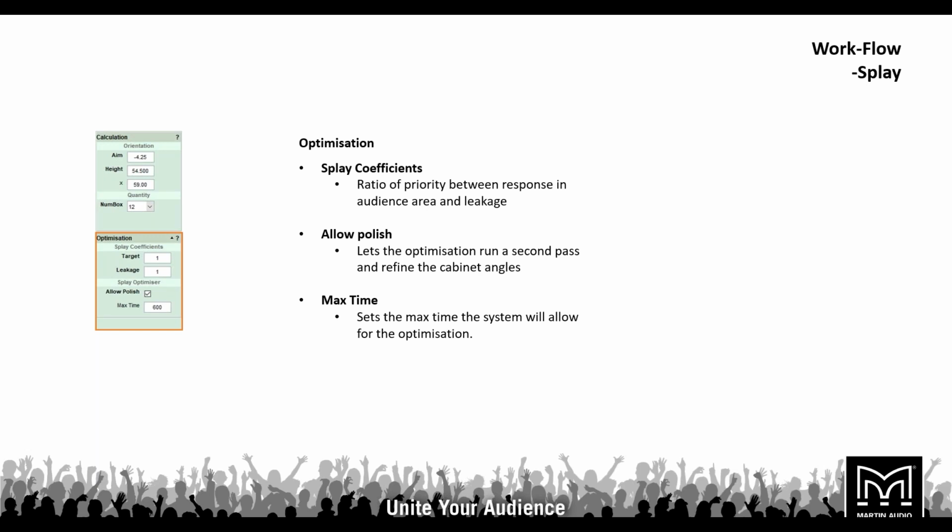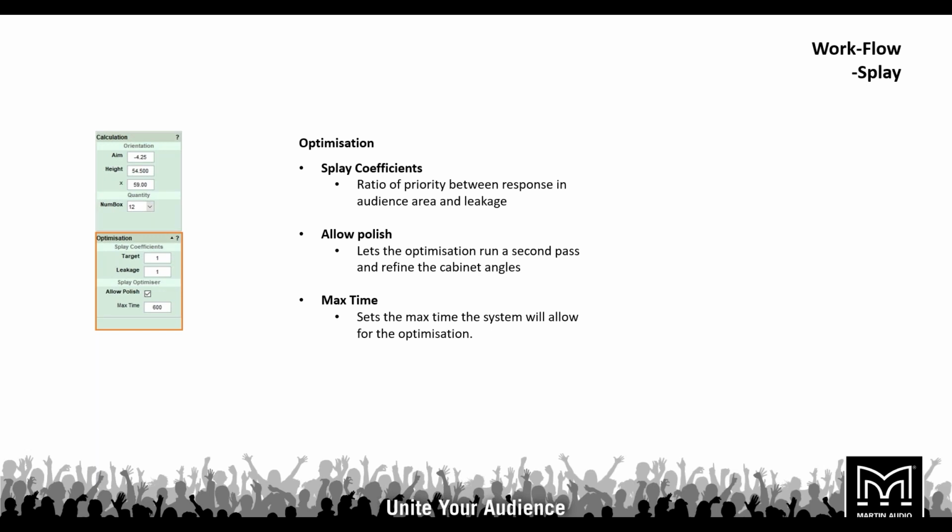The other way around, if you're in a festival that has grumpy neighbors nearby, or that sort of situation, you may want to change that to 1:2 in favor of leakage. But that only affects the mechanical optimization, so that's directly tied to how the array is deployed physically, not the DSP. That is a different story at the end.